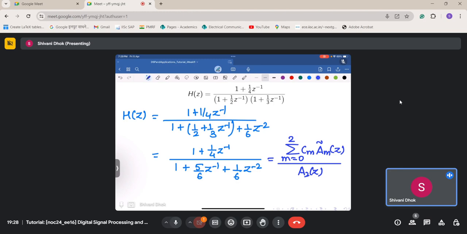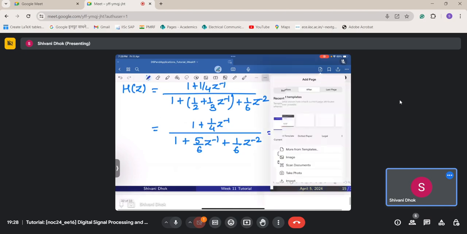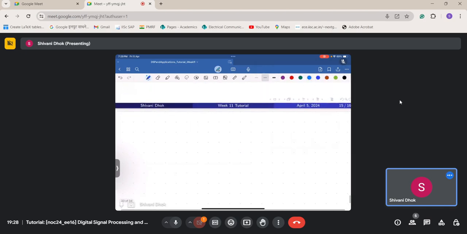So now the first thing that we will do is we'll realize the denominator. Step 1 is realizing the denominator.